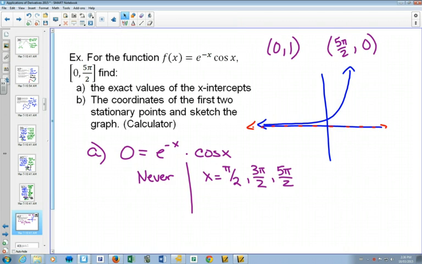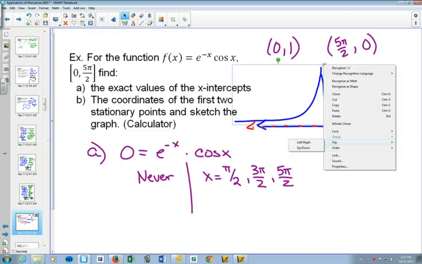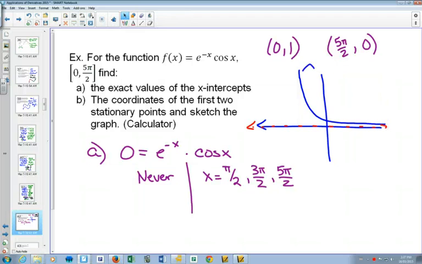So this original graph here, this part would get flipped over and look something like that. Okay? So even with the flip, we can still see that it's never equal to 0. So it'll often be the case that you get an e to the x that you can factor out in front, and that won't affect finding any of your x-intercepts.